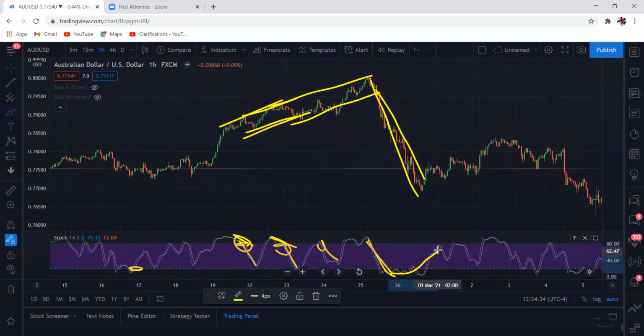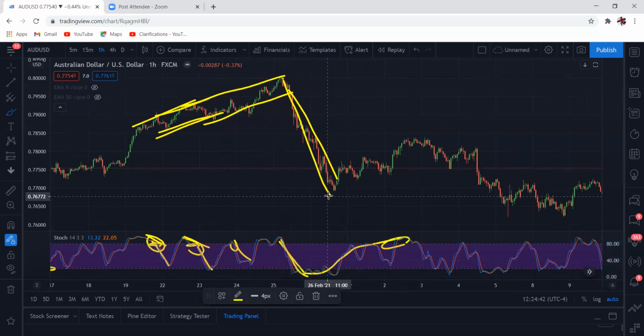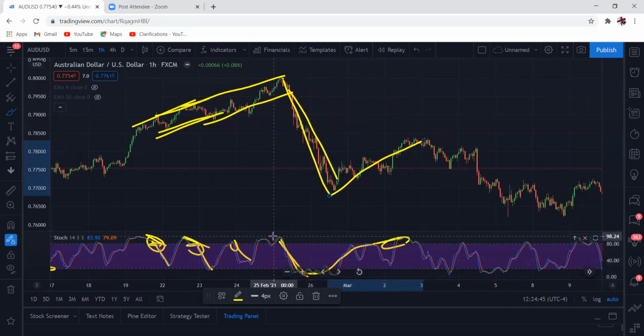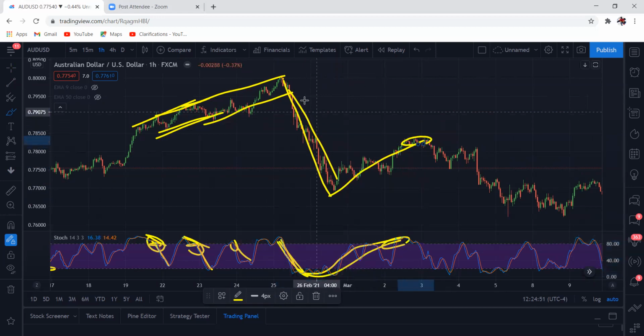So you see how I basically implemented it and it gets into an overbought, and I'll show you an oversold scenario. At this point, all I'm doing is waiting for this to come back into overbought territory. And now, same thing, I'm comparing, right?